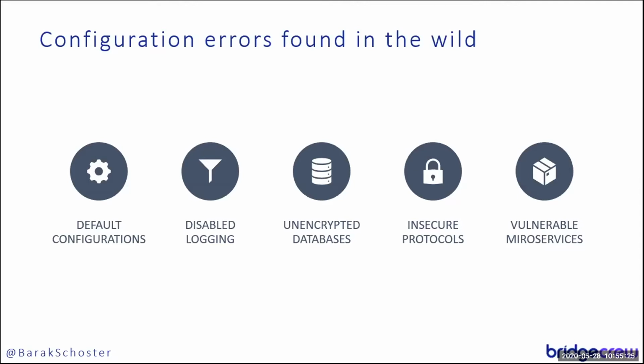Others that can be found in the configuration of infrastructure in the cloud providers are unencrypted databases, insecure protocols like lack of using TLS, and vulnerable microservices or vulnerable containers in the cloud. All of those can be identified as a cloud misconfig.